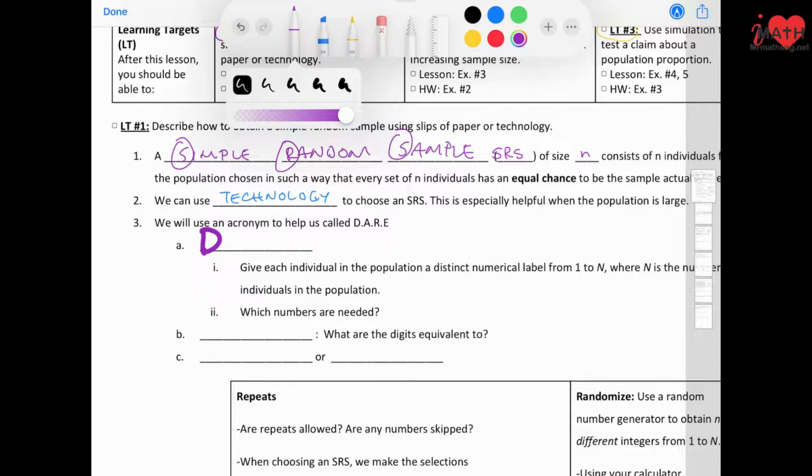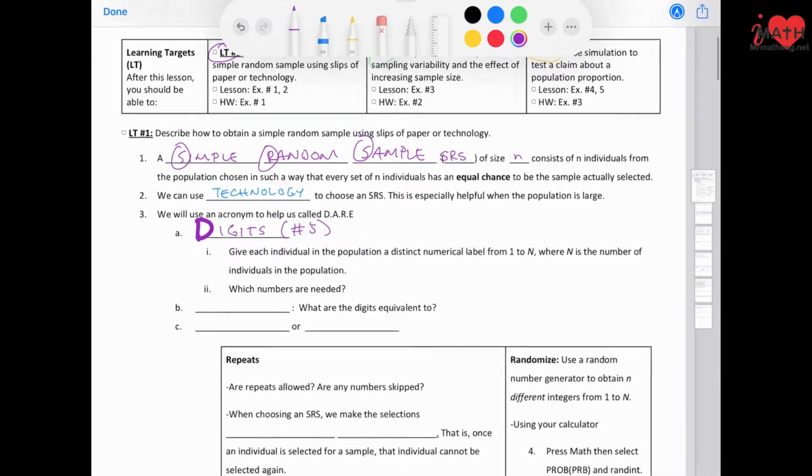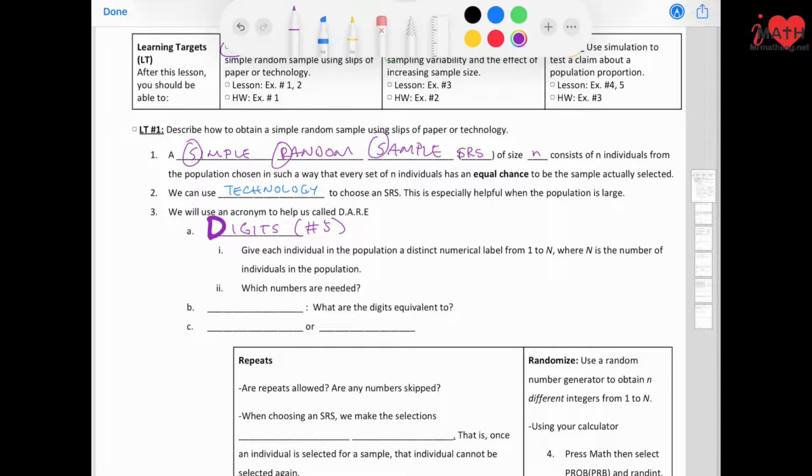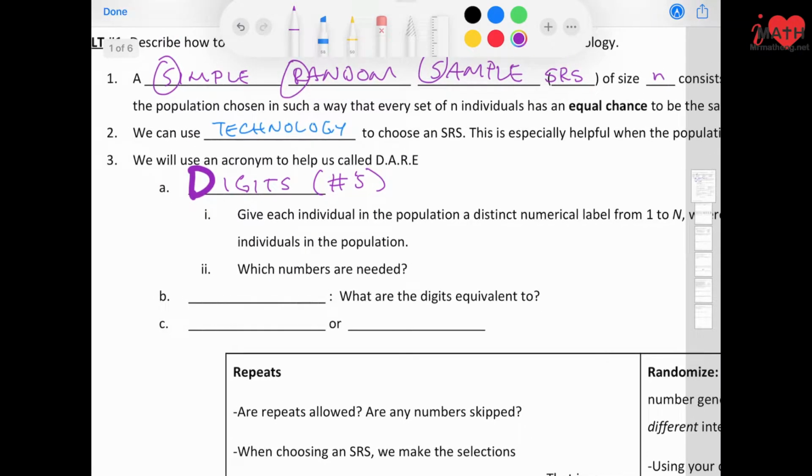The first one we're going to use for DARE is digits, not digital, digits, numbers. Give each individual in the population a distinct numerical number from 1 to however many you have in there, where n is the number of individuals in the population. A good question you're going to have to answer is, which numbers are needed?